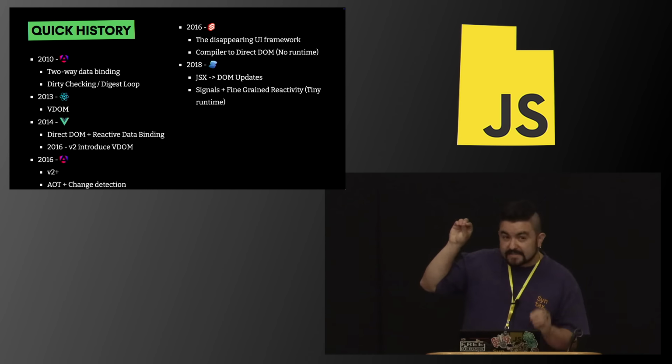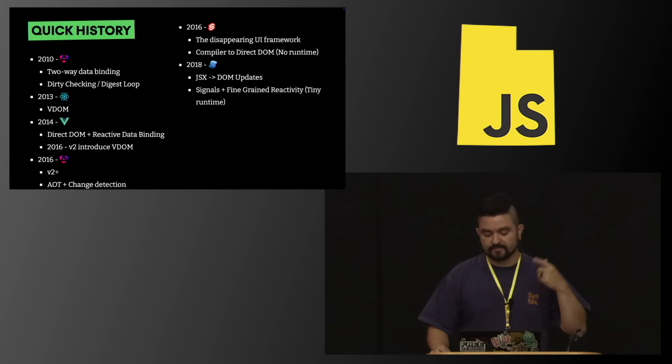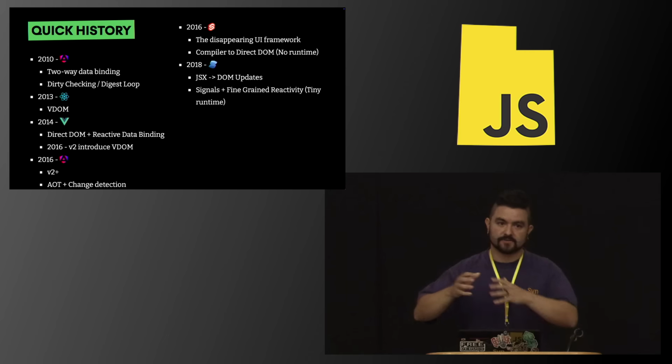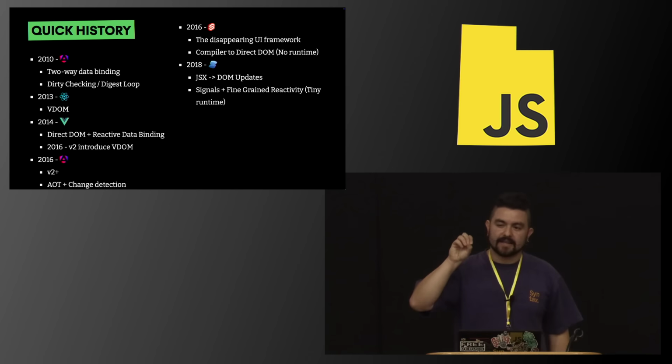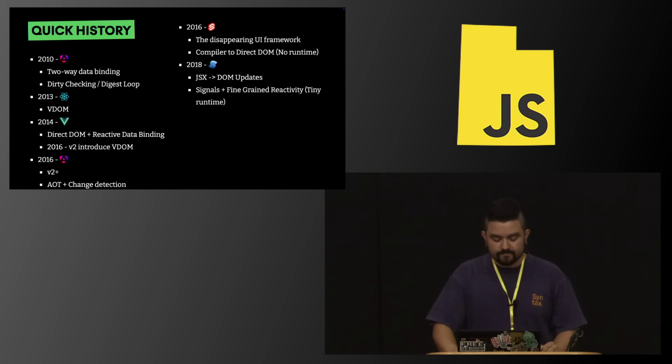So there is still a little bit of runtime code to keep track of the data that's changing, and ultimately it has fine-grained reactivity. So instead of entire virtual DOM diffs, instead it's targeting and updating specific elements as the user is interacting with your app and as state is changing.